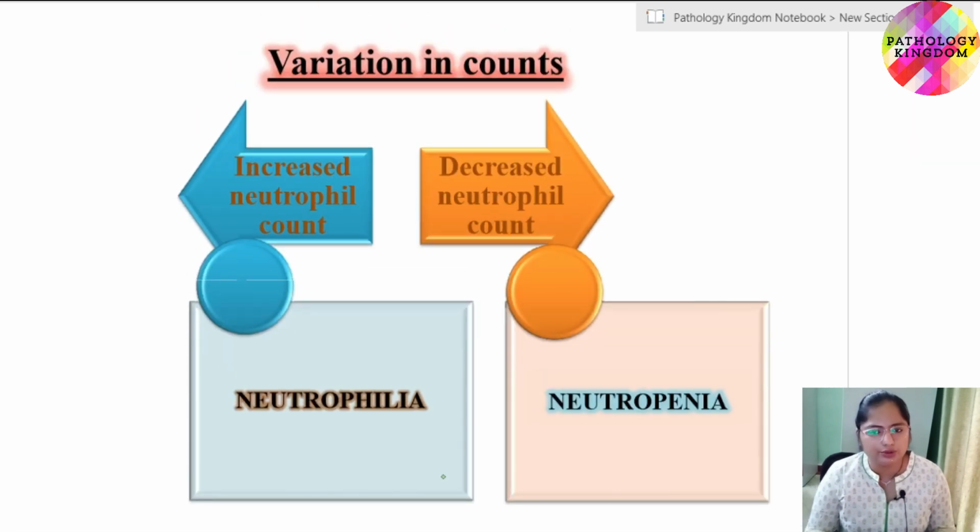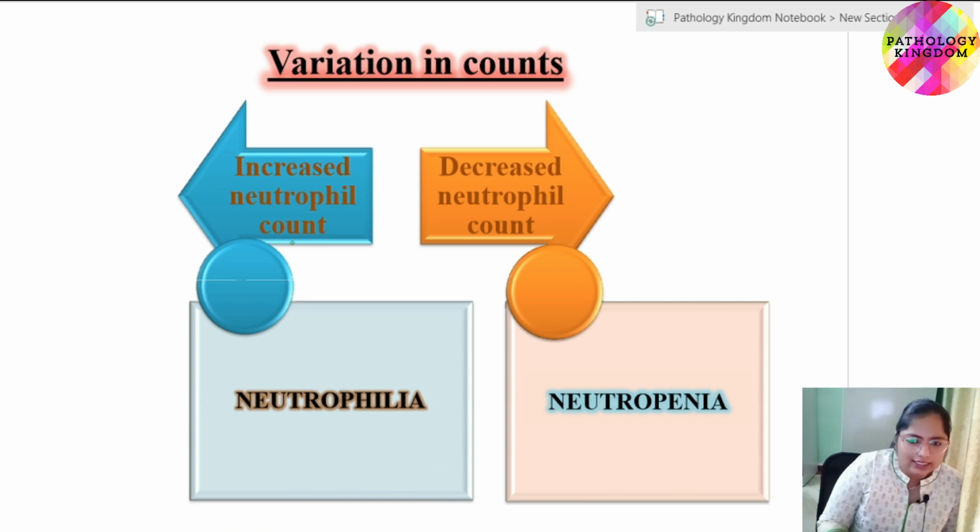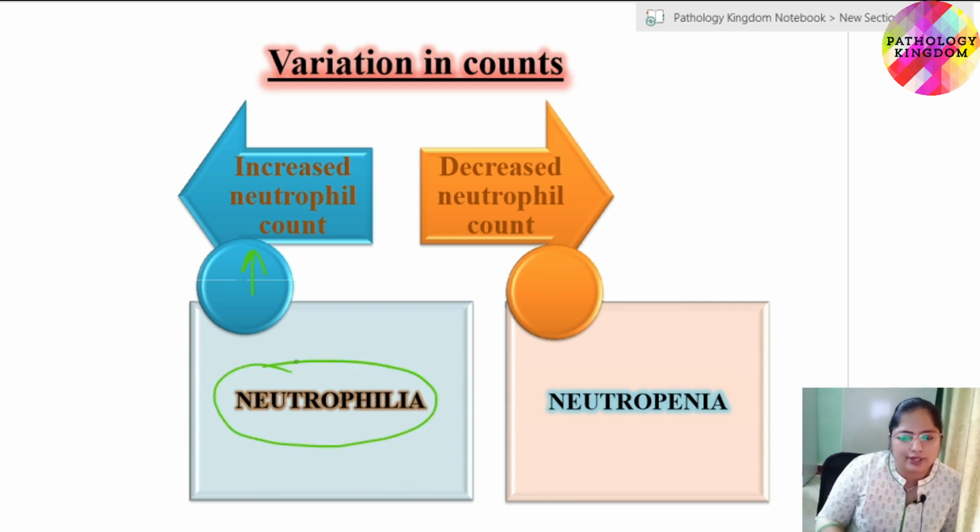Now coming on to the variation in counts. Increased neutrophil count is known as neutrophilia. We'll use the term philia if there is increase in granulocyte count.